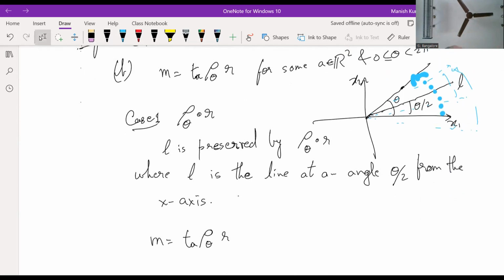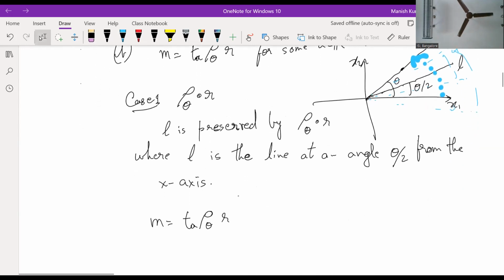It becomes reflection along this line L. If you think about the picture, let's say A is some vector here, and theta is this angle, and this is theta by 2. And maybe I'll draw A somewhat far away so that it's easier to draw my next move.